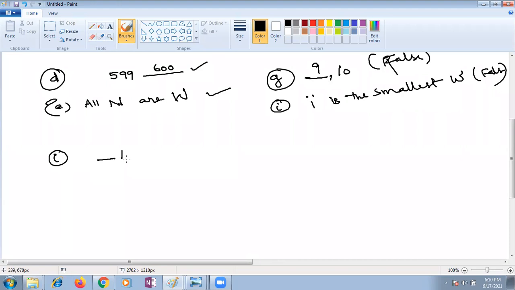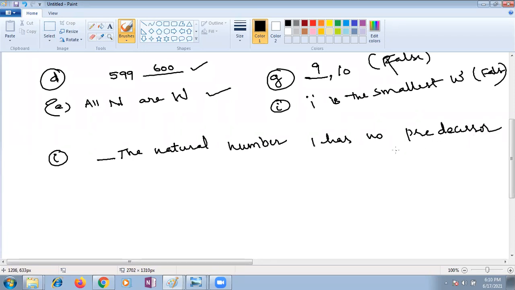Ma'am, it's true, because the natural numbers start with 1 only. So 1 has no predecessor. So it is true.